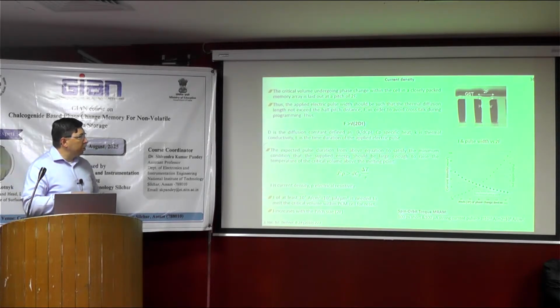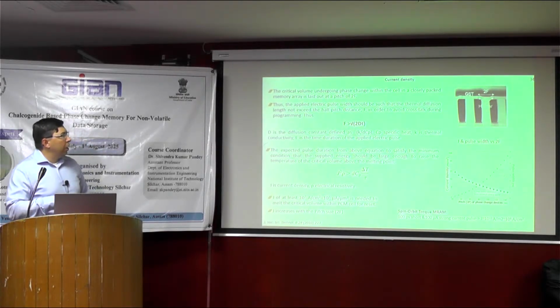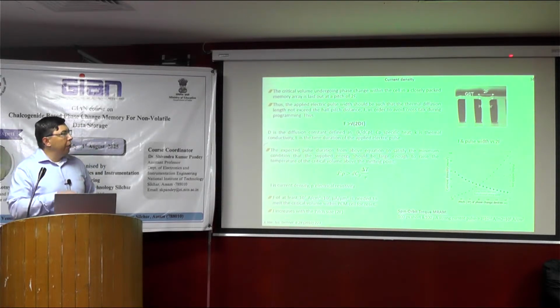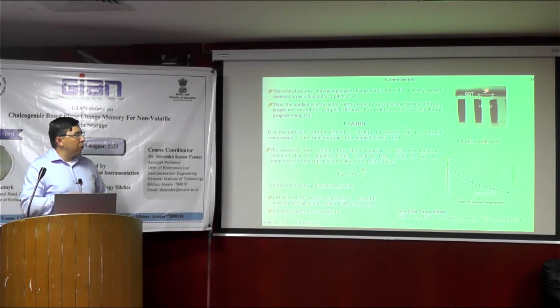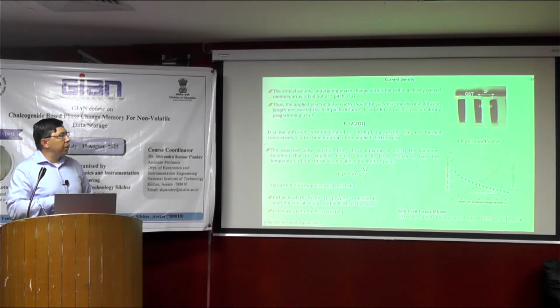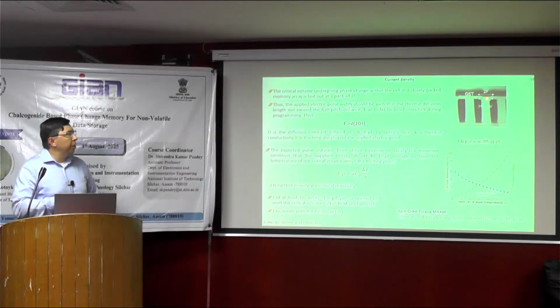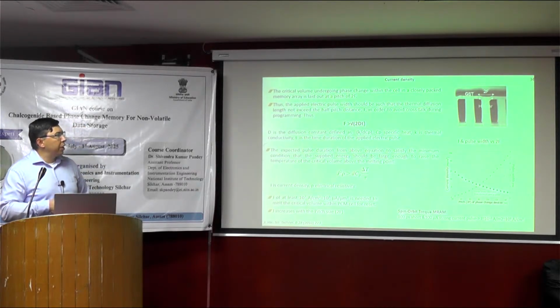First of all, we need to consider one issue, the distance between each cell, because the switching is based on Joule heating, and the areas surrounding the GST are also heated. If you place the cells very close to each other, we can affect the next cell. So this will be a problem with reading and writing the next cell.